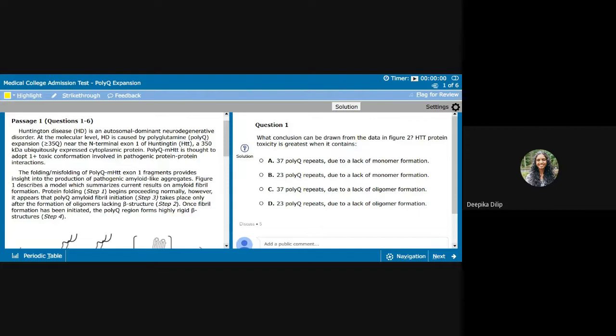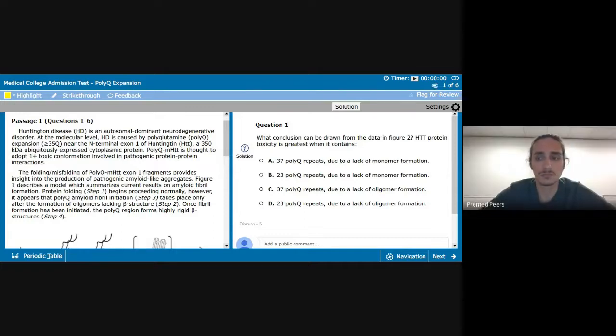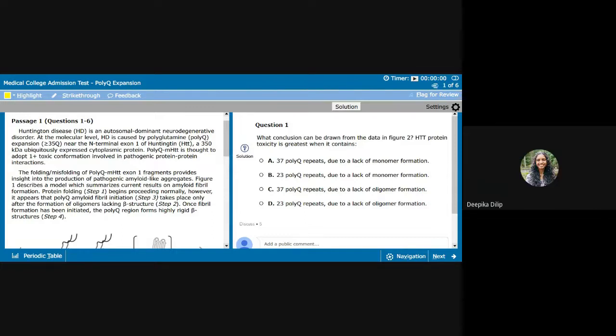Okay, so I'm probably missing a couple of things, so you should correct me when I read this. First thing, autosomal dominant. So if they have any questions about Punnett squares and whatnot, then that's something to consider. Polyglutamine. So glutamine, I believe, is polar, but not charged or anything. And then near N-terminal exon, HTT.